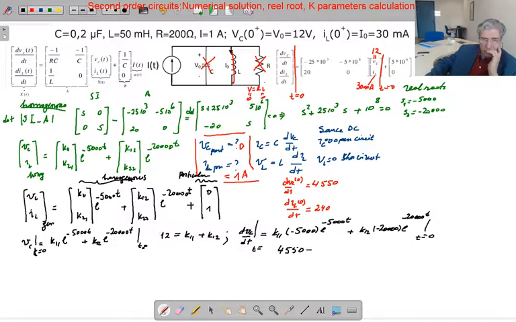So 4,550 equals minus 5,000 k11 minus 20,000 k12. At t equals 0, this becomes 1, this becomes 1. So this is the second equation.